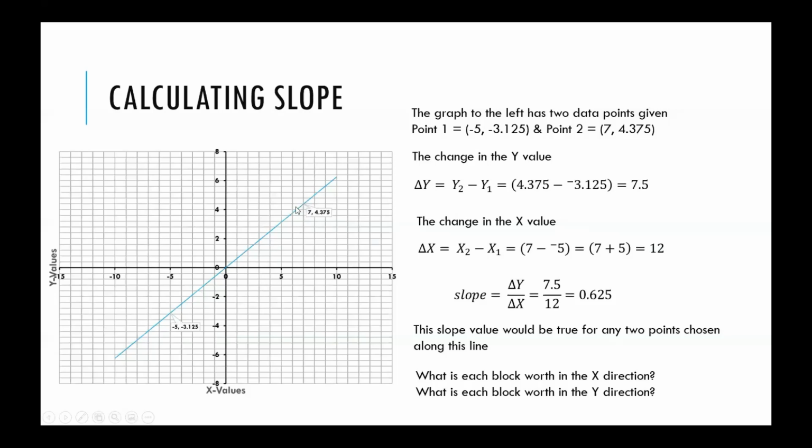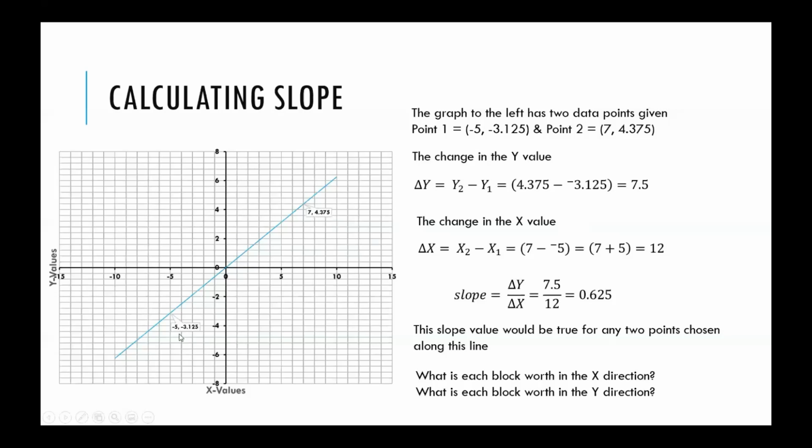In this point, you have 7 and 4.375. When you're given a set of data points like this, the x value is first and the y value is second. That means for this particular point, the x value is 7 and the y value is 4.375.